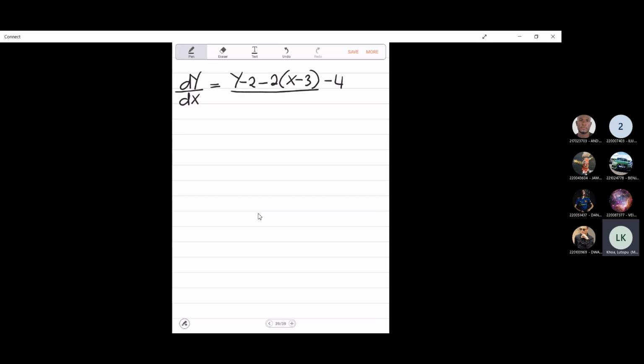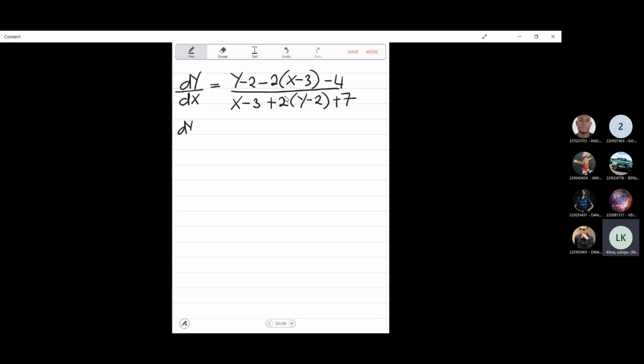Same thing in the denominator. I had small x, so I put big X - 3 plus 2 times small y, which becomes big Y - 2, then plus 7. Then just simplify this as far as possible.